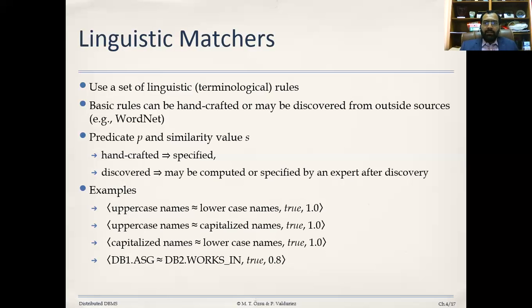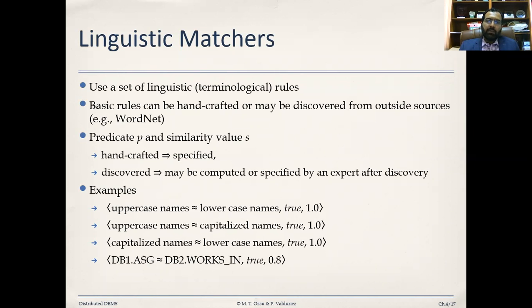But here it is with the value of 0.8, which means they are approximately equal with 80% probability. So it is quite similar, and you can match these two values because they look similar.